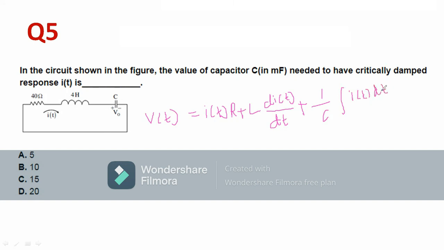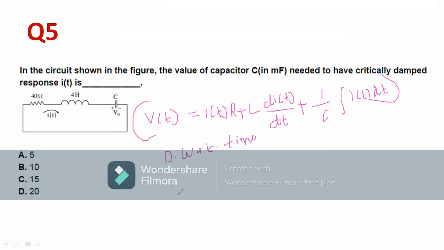Okay. Now you have to differentiate with respect to time. You have to solve further. Anyway, the first term will be 0 only. LHS part is 0 because no voltage source is provided here. And finally, you have to make out the particular equation, and you should make a quadratic equation.